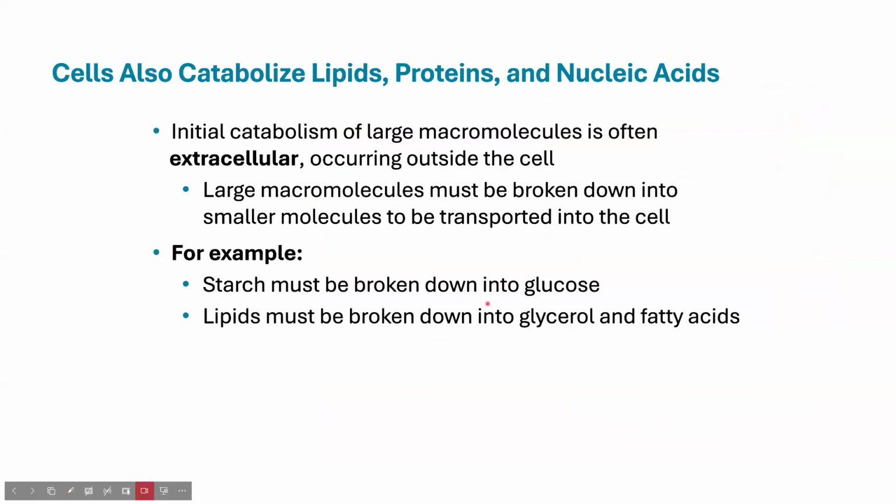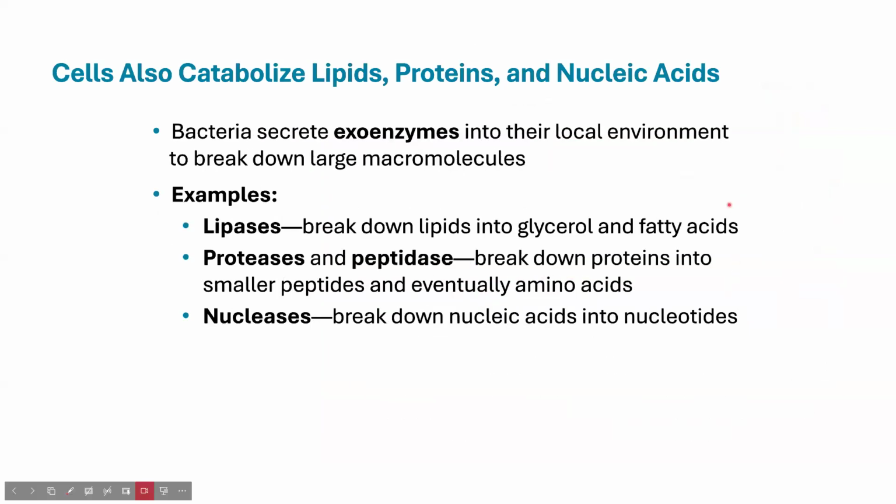All right. Now, cells can also catabolize things other than sugars. When they do that, usually it's going to break down outside of the cell to get to an intermediate product that'll then be brought into the cell. And so they use what are called exoenzymes or extracellular enzymes.